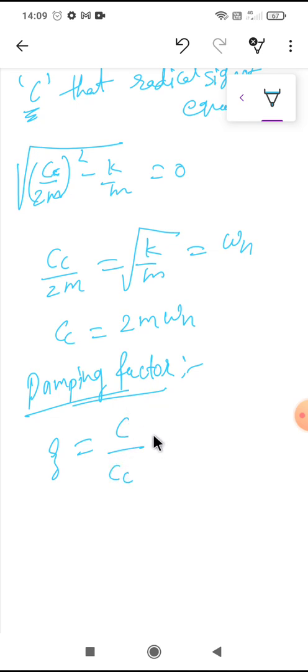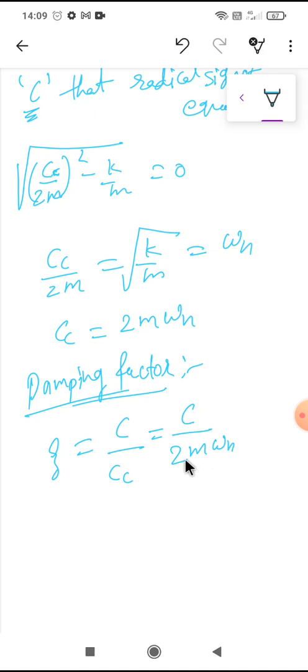So if I substitute the value of Cc, I will get C divided by 2m omega n. Instead of omega n, I can also write the square root of k by m. So Cc is 2m omega n.